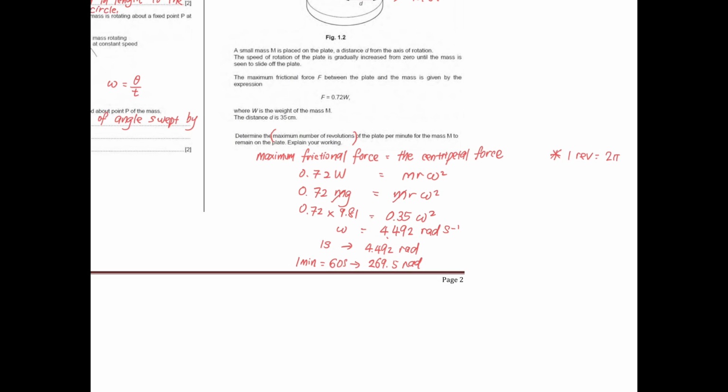So 269.5 over 2 pi revolution. So we get 42.9 revolution. Okay, so that is the answer. It makes 42.9 revolutions in 1 minute.